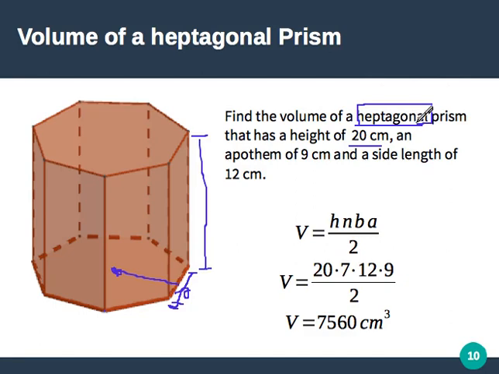In the other video, I showed you a list of the names for those regular polygons. When it's heptagonal, it means that you have 7 sides. So you have 7 sides, the base is going to be 12, and the apothem is going to be 9. We multiply that, and then we divide by 2. That's going to be the prism's volume.